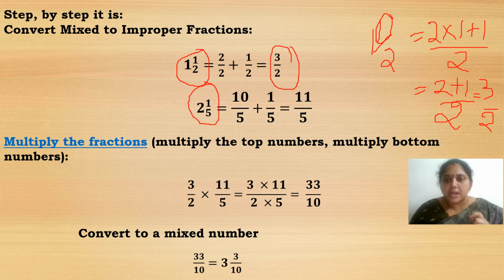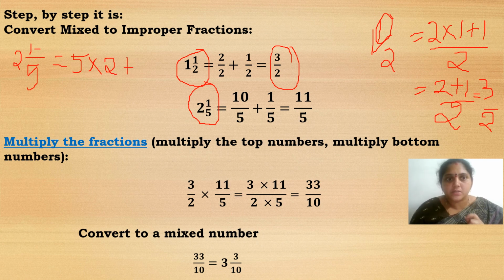Now we have to convert 2 1/5 as an improper fraction. So how you are going to convert here? I have taken 2 1/5. So multiply 5 with the 2. Multiply our denominator 5 with our whole number, that is 2, plus, what is our numerator here?